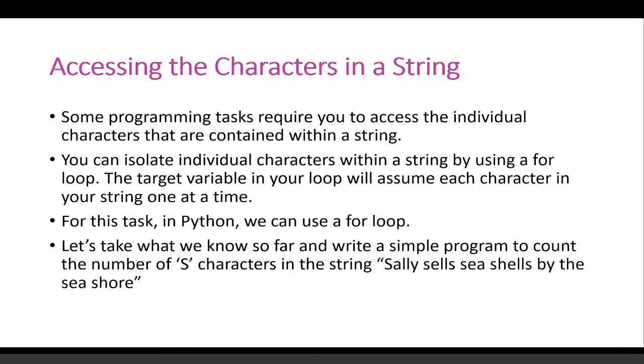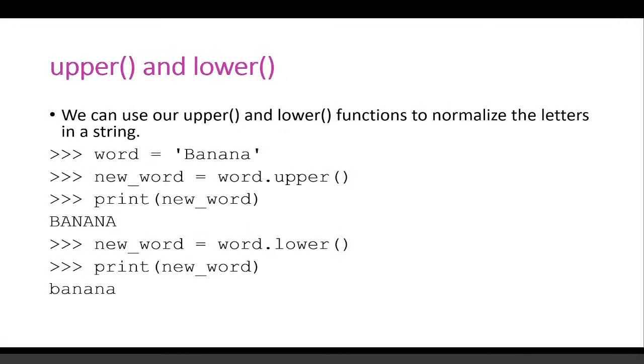Now, the issue then becomes, well, we've started this off with this uppercase S, and then all of the other S's are lowercase S's. So what we want to do here is take this word and change it and normalize that data. And I talked about the upper and the lower. There's also another function here that we might use a little bit later on called title.